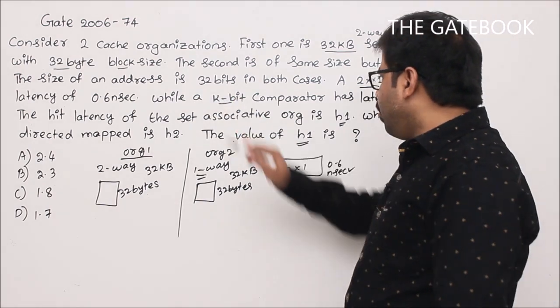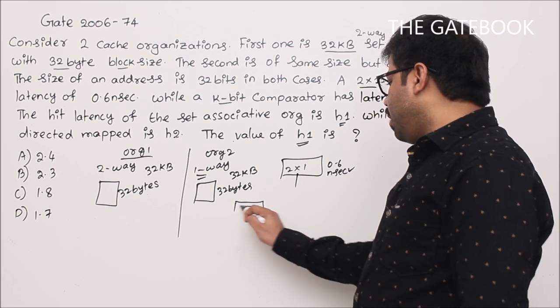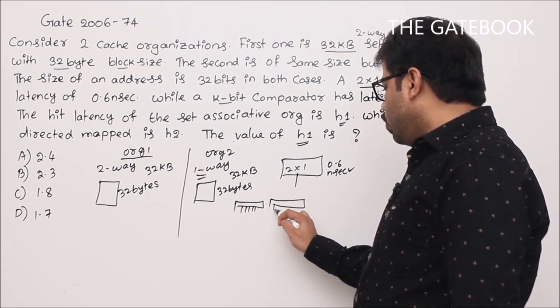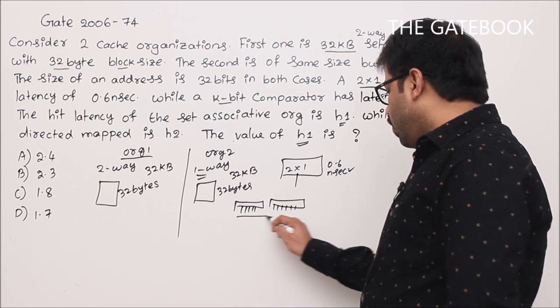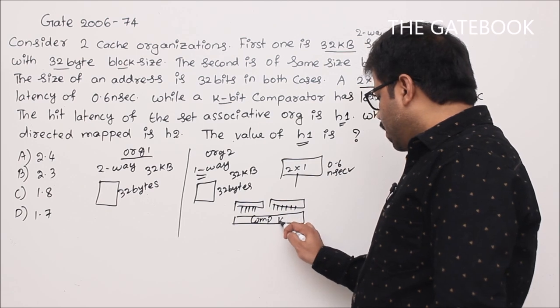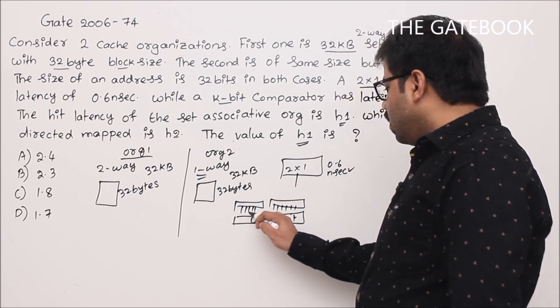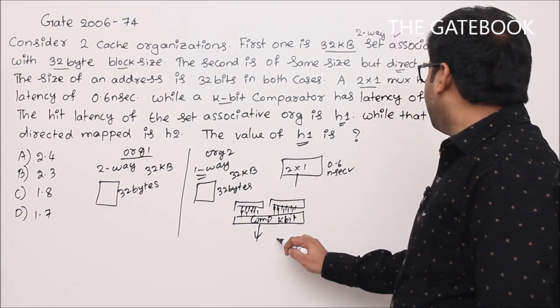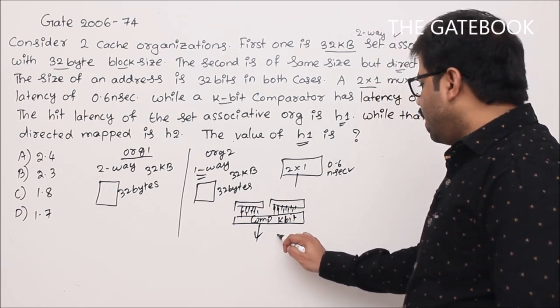Then there is a k-bit comparator, used whenever you compare k-bit tag fields, for example for comparing the tags. This is your comparator, k-bit. What is the delay for that? It takes two k-bit numbers and gives the output after k by 10 nanoseconds.